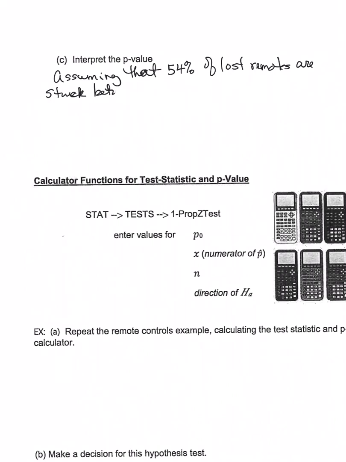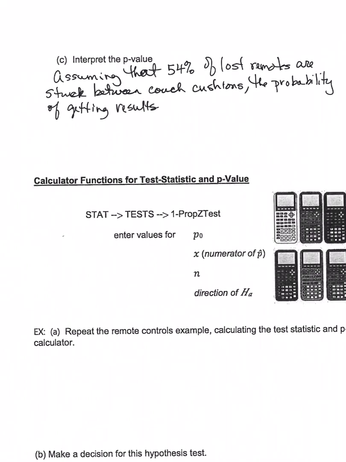Stuck between couch cushions, the probability of getting results as extreme or more so than p hat, which is what? 0.56, right?